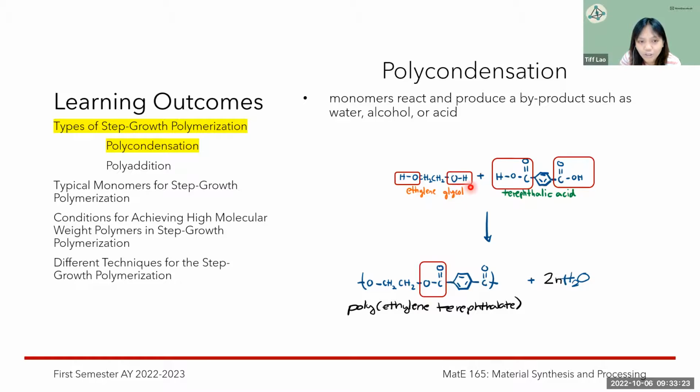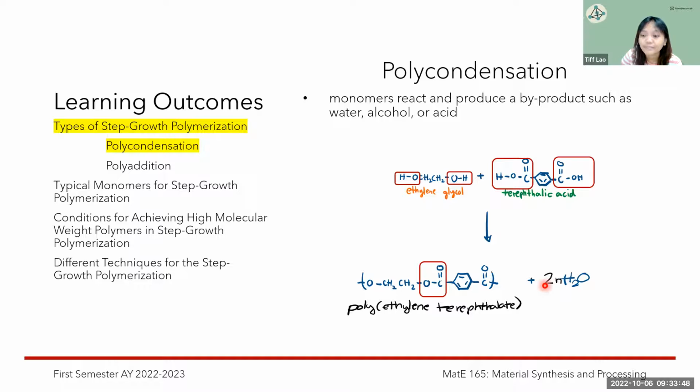Di ba yung H dito at saka yung OH dito? So pag kinombine mo yun, edi H2O. Klaro? And actually, kapag ganon, carboxylic acid at saka OH, automatically, matatanggal talaga dyan yung mga OH at saka H to form H2O.